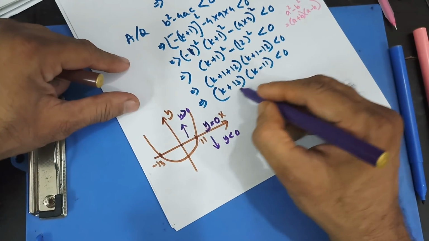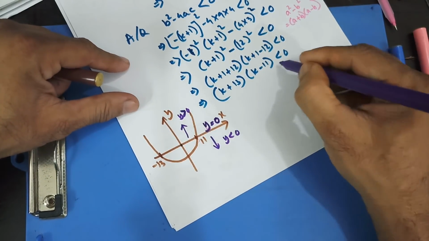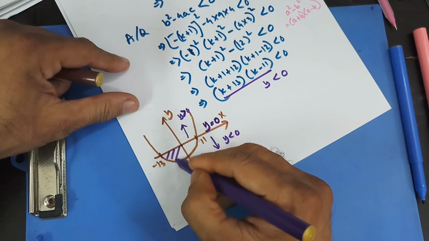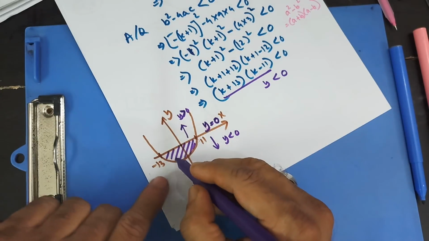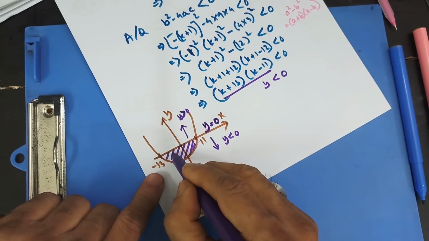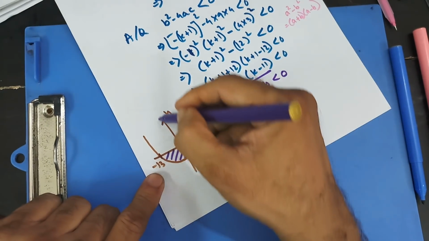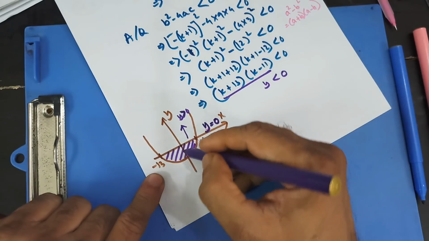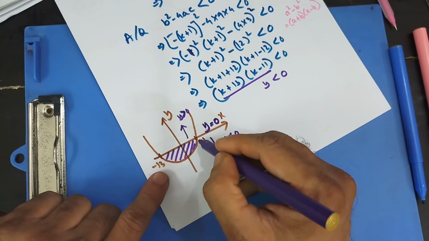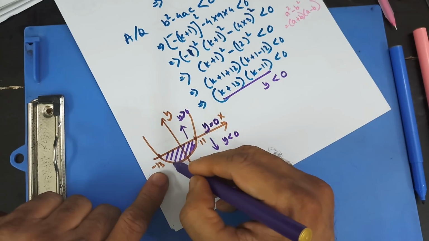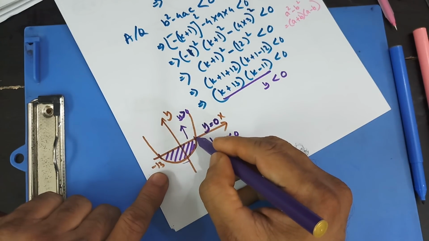Now this says the function of x, or y, this whole thing is y less than 0. So we are talking about this part, and this happens when x is greater than minus 13. Then you see this curve is below the x-axis. That means y is less than 0, or negative. And it stays below the x-axis all the way to x equals 11.